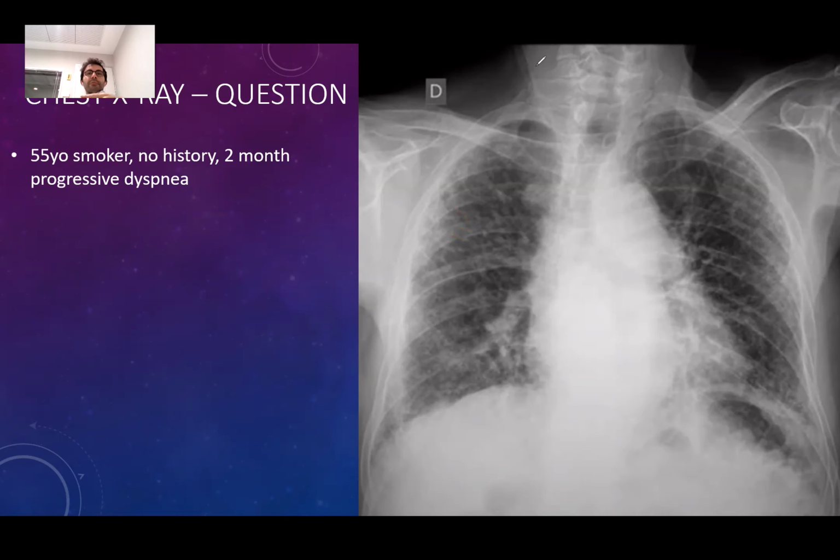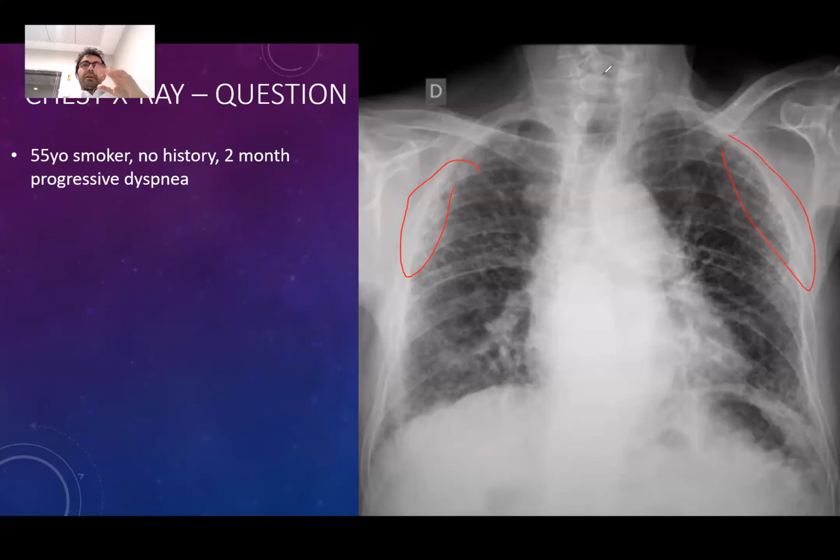But this patient is a smoker, and he's describing progressive dyspnea over time recently. And we are seeing a lot of interstitial changes on both lungs, no consolidation, and more interstitial changes on the lateral sides, more on the pleural sides.